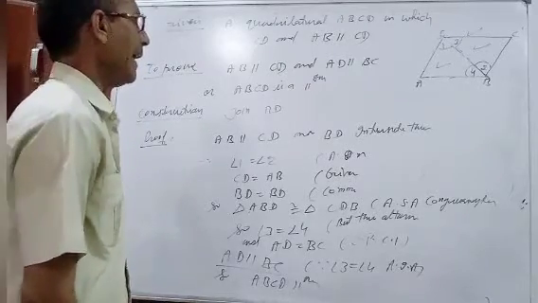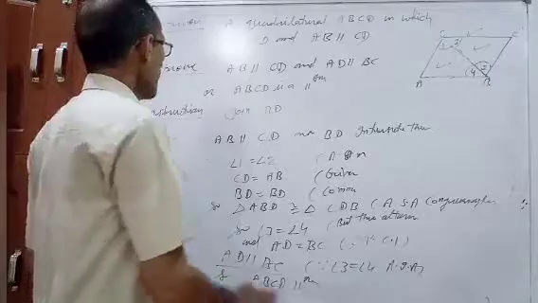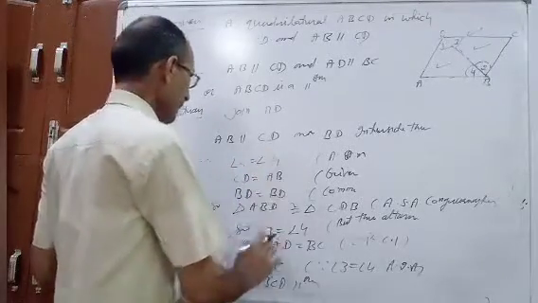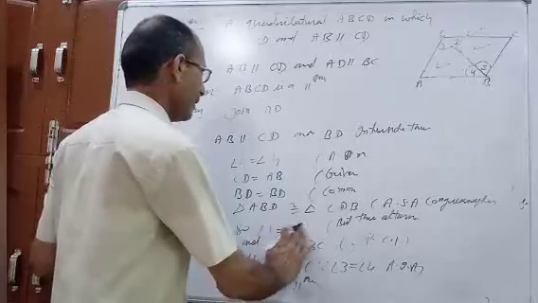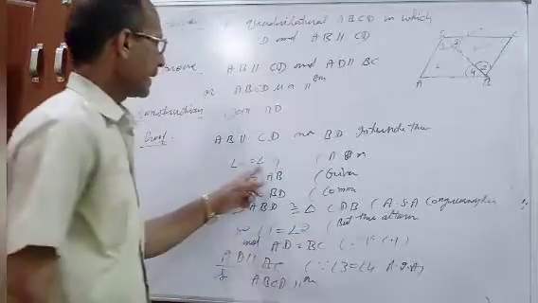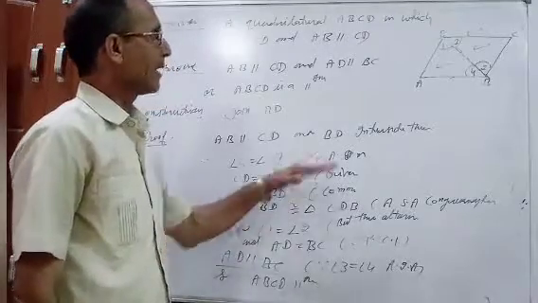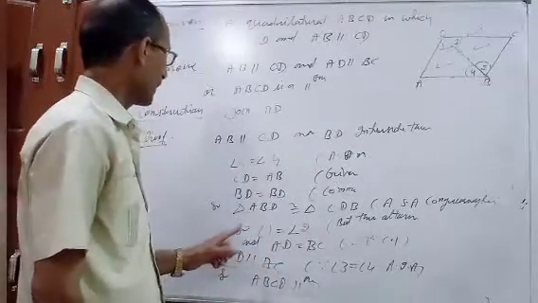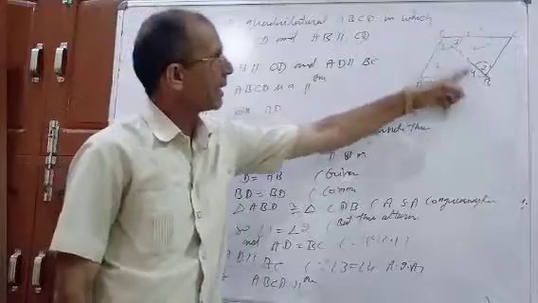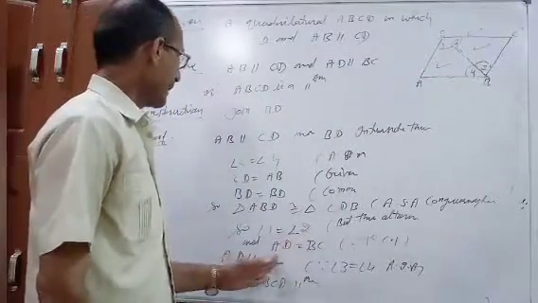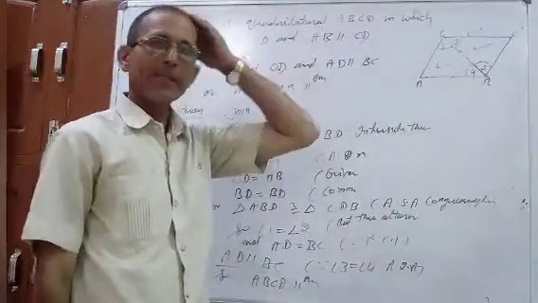Both triangles are congruent, therefore their corresponding parts will be equal. So angle 1 will be equal to angle 2 by CPCT. These are alternate angles, so AD parallel BC.